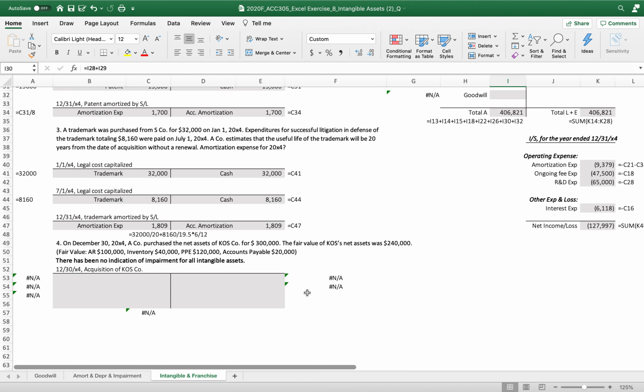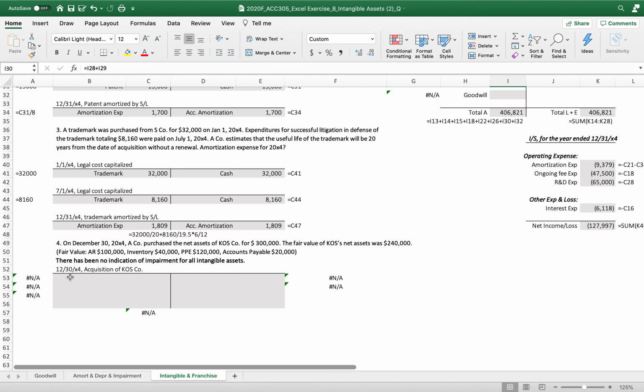The difference between the two is the goodwill, $60,000. For example, here we have the net assets of the acquired company at fair value: AR 100, inventory 40, PP&E 120, and accounts payable $20,000 assumed. There has been no indication of impairment for all intangible assets.